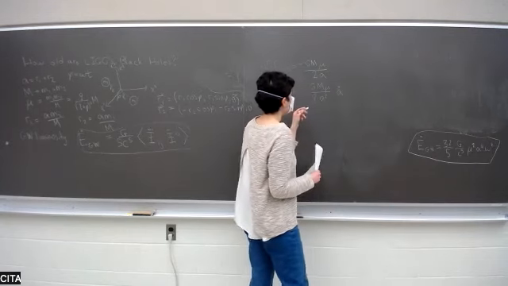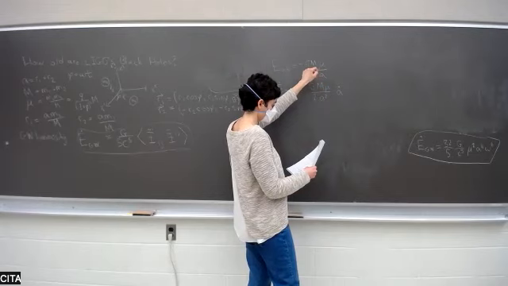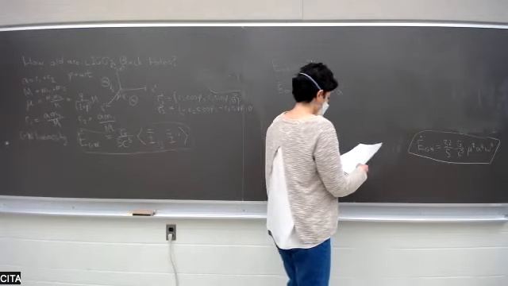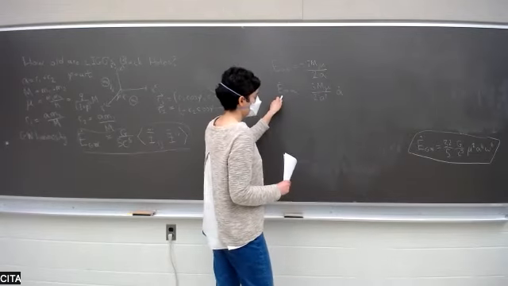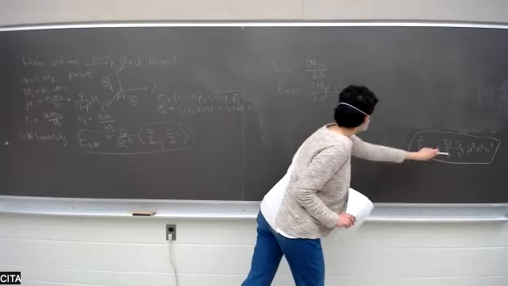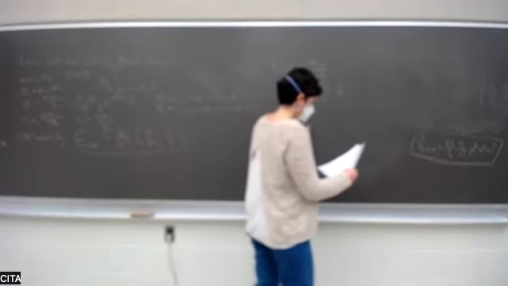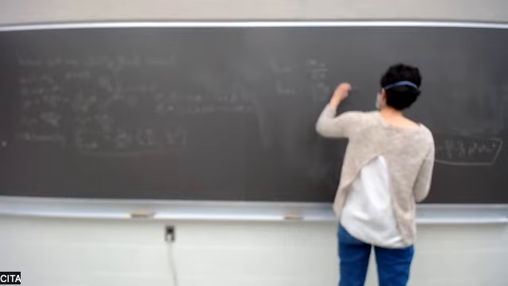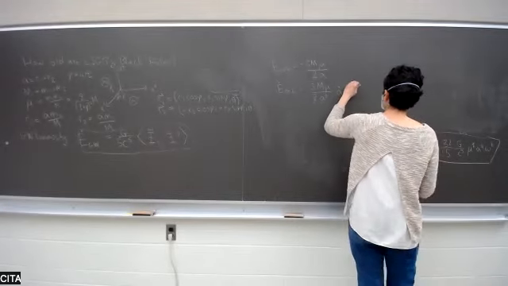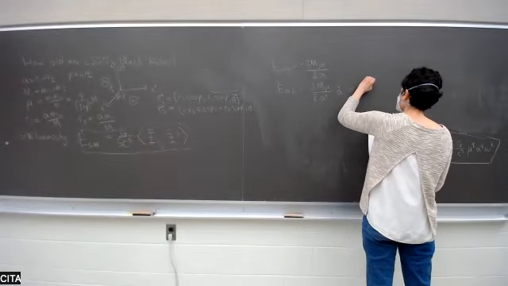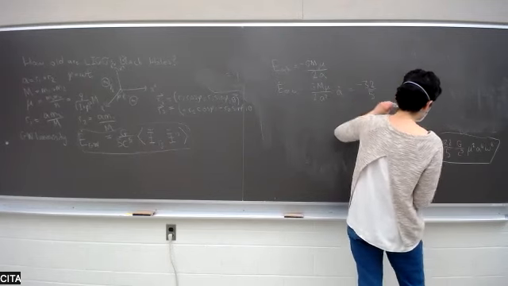Now we're explicitly putting in that a is evolving with time. And we want to set this equal to that, or to the negative of this. So canceling out.